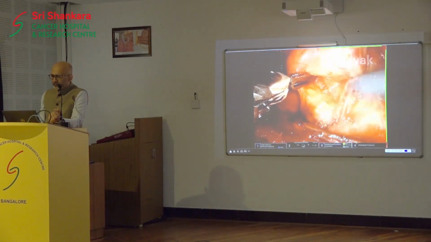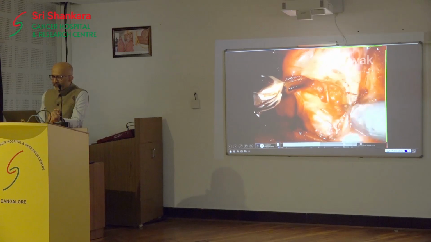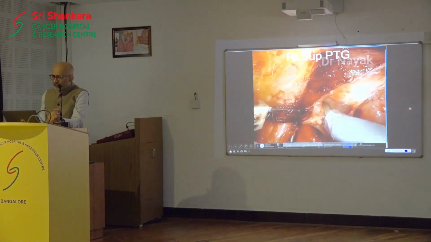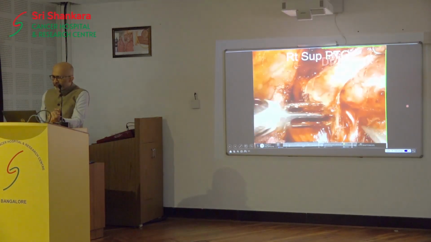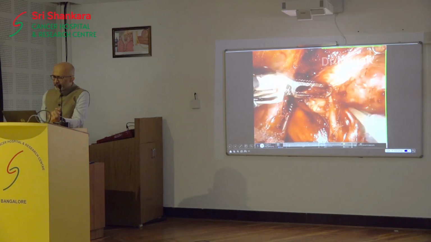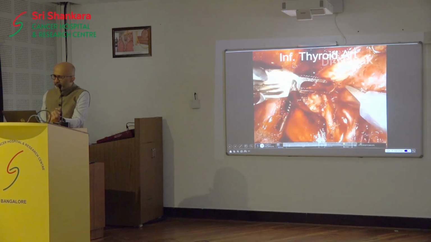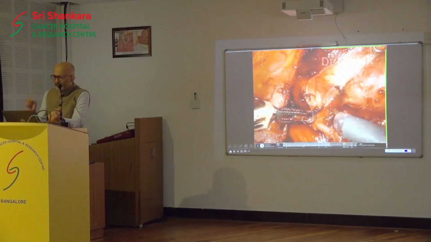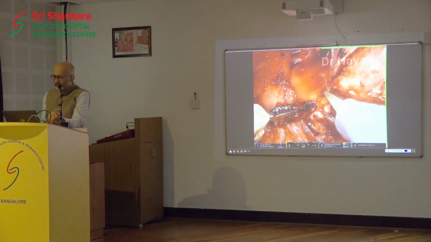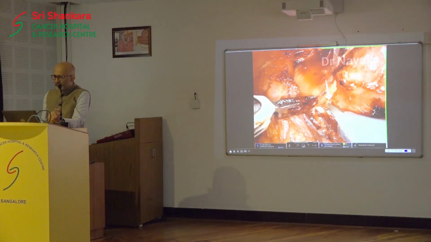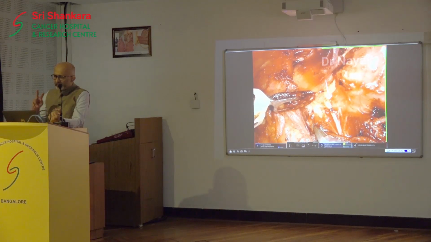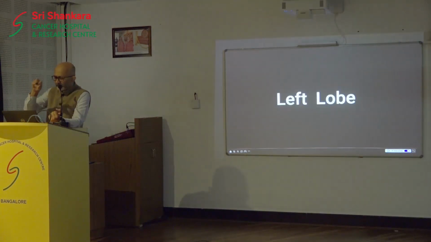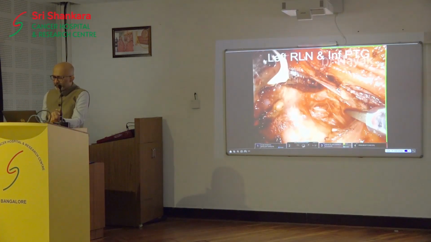So this is the inferior parathyroid area. You can see the gland here, and the superior parathyroid is here. You can see the recurrent nerve and the branches of the inferior thyroid artery. Individual branches which are getting into the artery are taken care of. So that is the recurrent nerve, arborizing and entering the cricothyroid membrane.